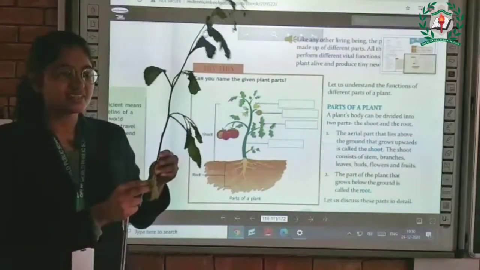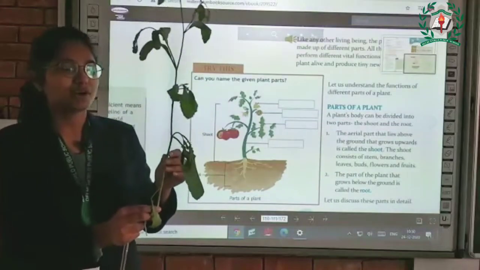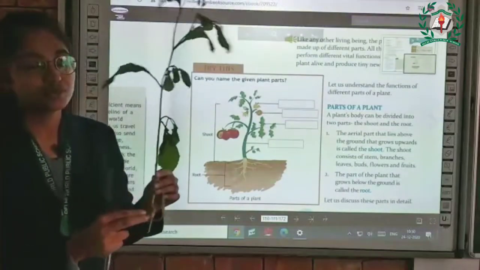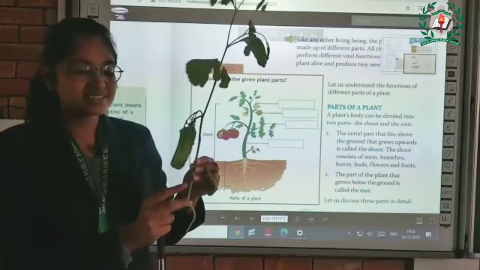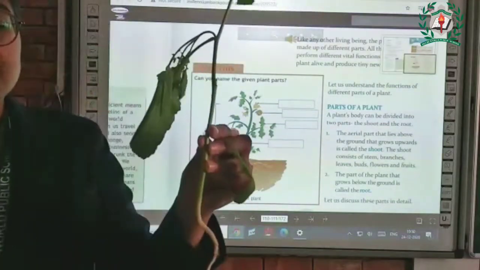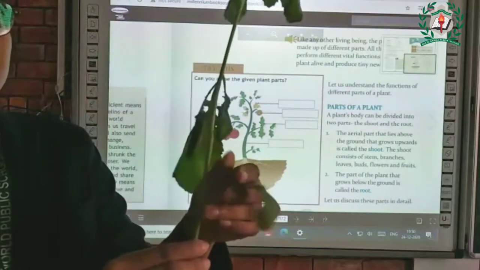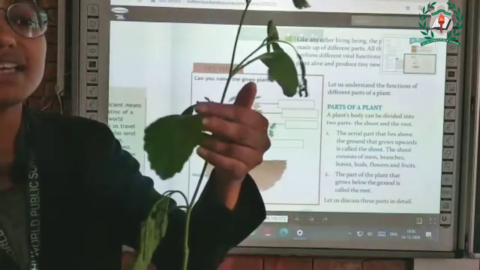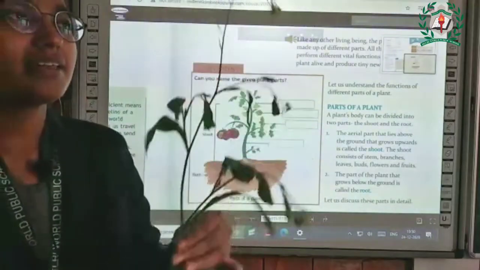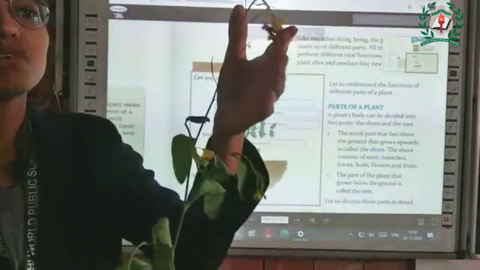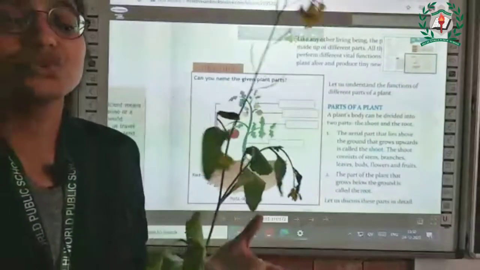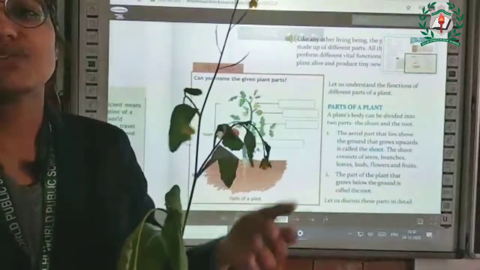So see, you must have seen the parts of the plant, and you must have studied about the parts of the plant in the previous classes. This is the stem of the plant, the green parts are the leaves of the plant, and this yellowish, beautiful part is the flower of the plant, and the fruit will come from these flowers.